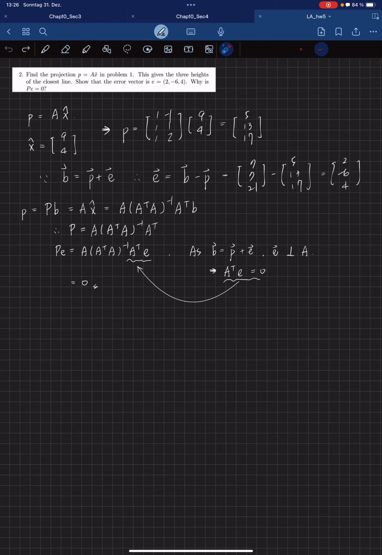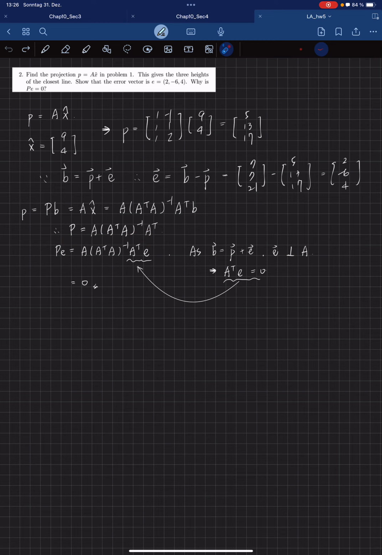So now if we look at these two equations, you notice that there's a B on either side of the equation. So we can just take the B out, and our result is big P is just A times (A transpose A) inverse A transpose. Right?